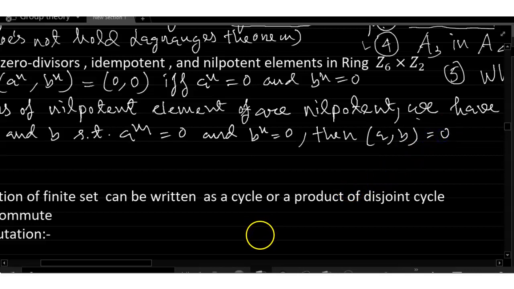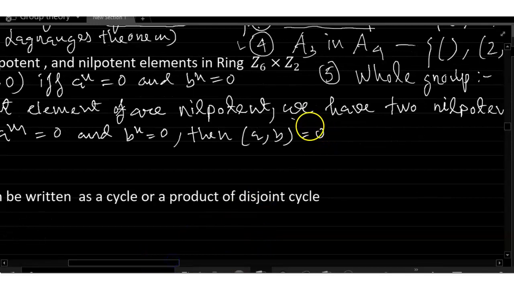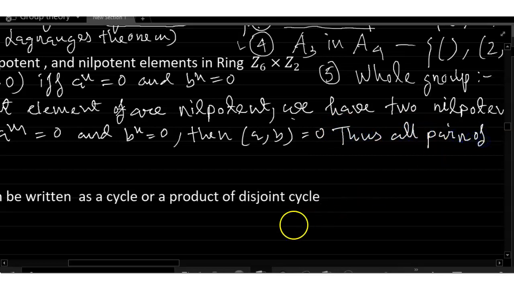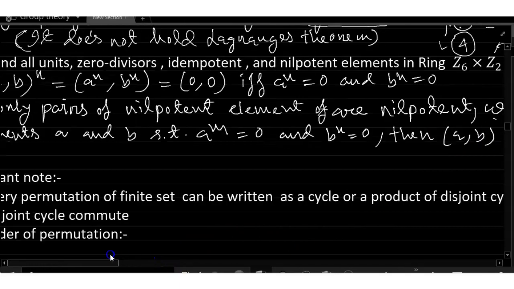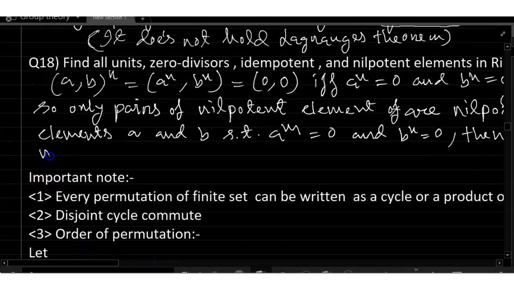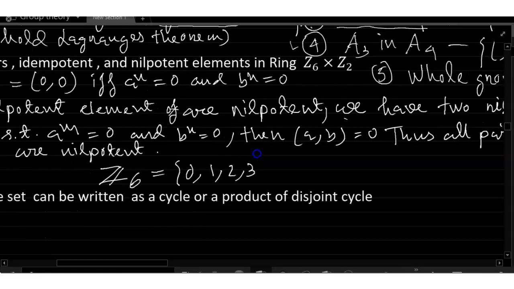Thus all pairs of nilpotent elements are nilpotent.